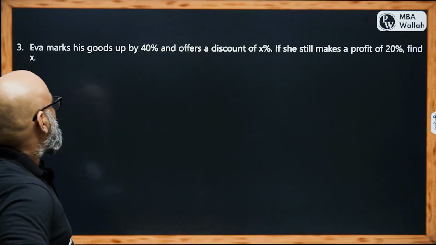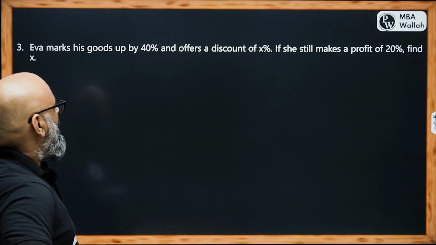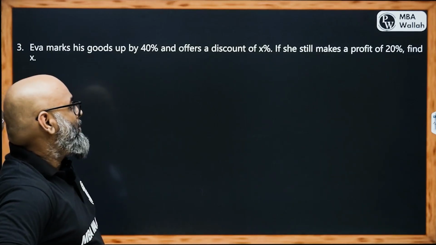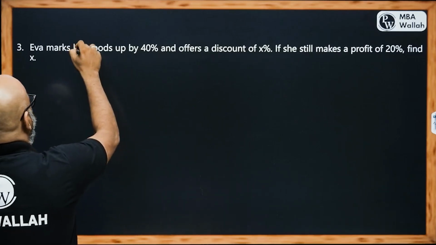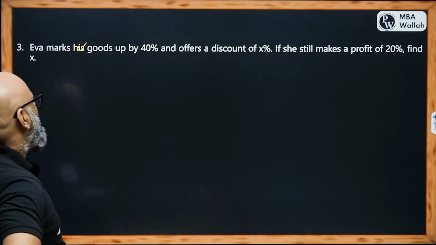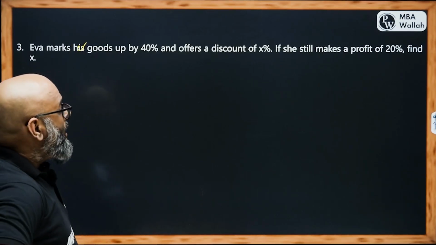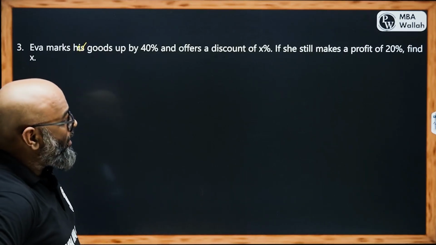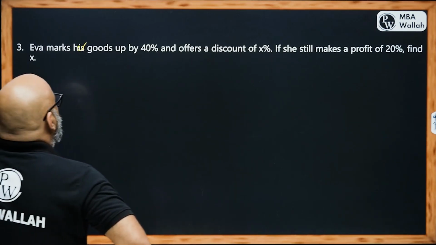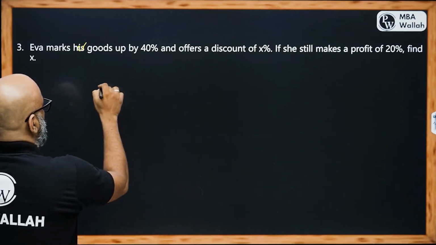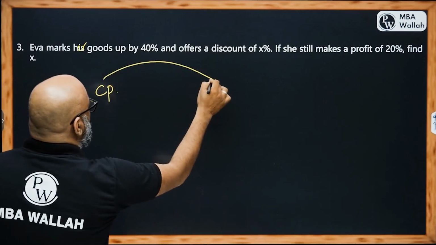Eva marks her goods up by 40% and offers a discount of X%. If she still makes a profit of 20%, find X. So we had been told that Eva has a cost price and marks it up by 40%.